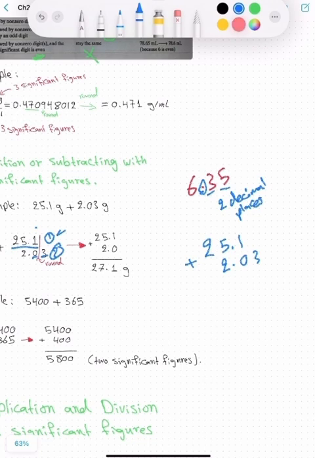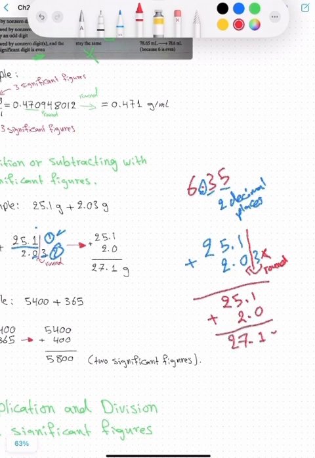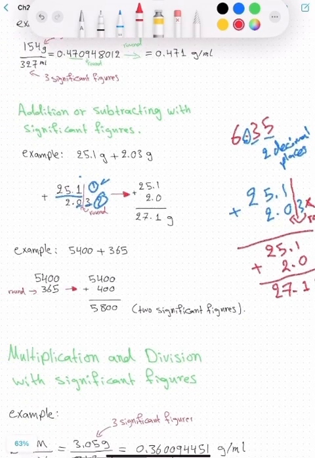Up until here, they're the same, right? Now round this. It is less than 5, so you just ignore it, becoming 25.1 plus 2.0, and normally add them. So this is your answer. You just have to be careful with the number of decimal places.